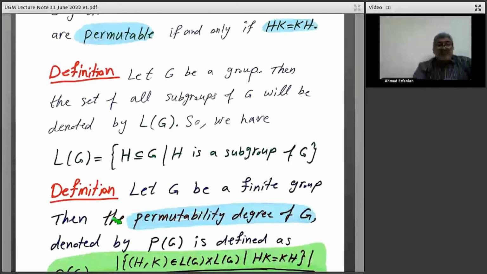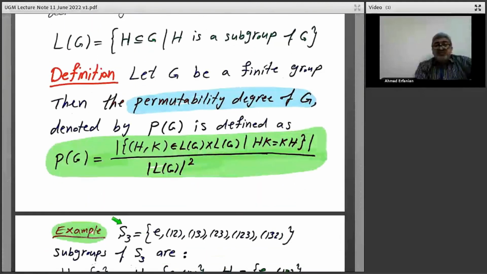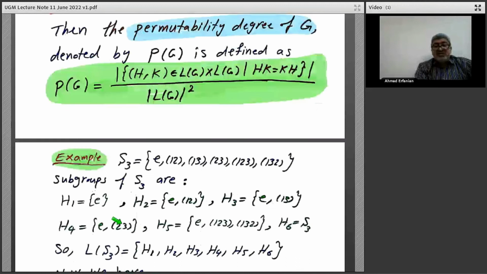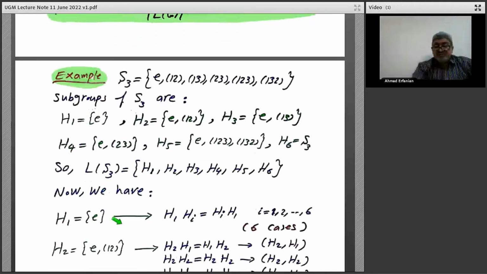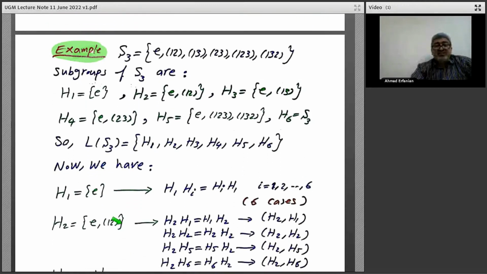Now, if L(G) is the set of all subgroups of G, the permutability degree of G is the number of all pairs of subgroups H and K such that HK equals KH, divided by the order of L(G) squared. L(G) is the number of subgroups, so it is the square of the number of subgroups.